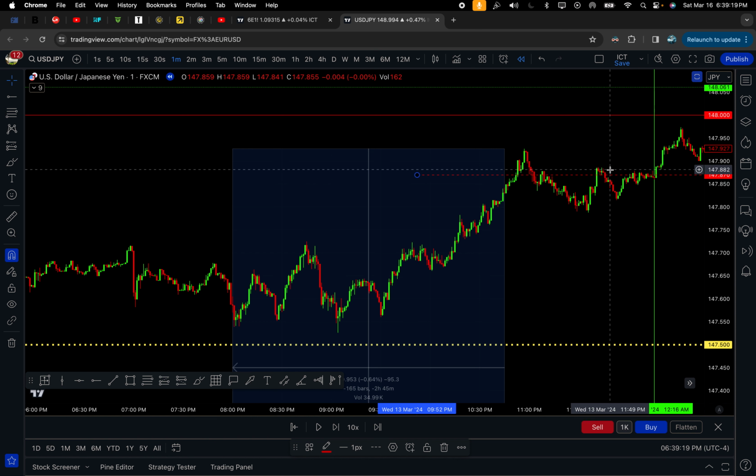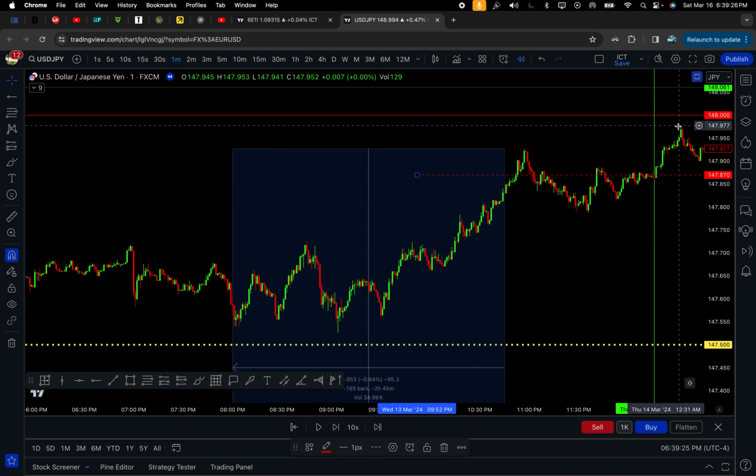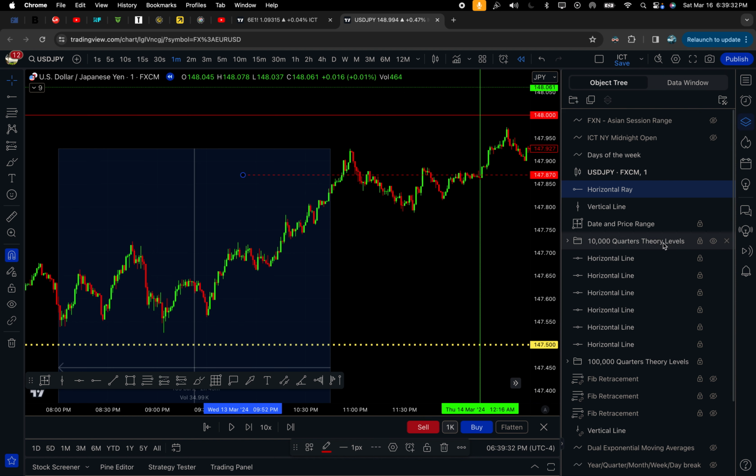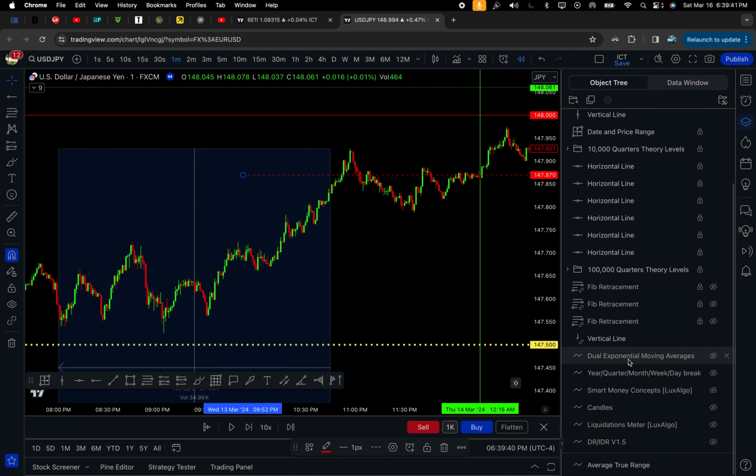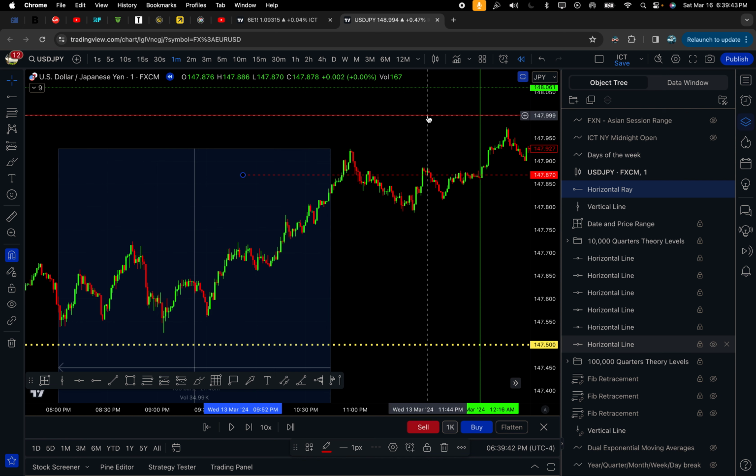Which might not be a bad sell, but look how far away we were from the quarters theory level, the 1,000 level. You see, we've got 10,000, 100,000, and then this one.